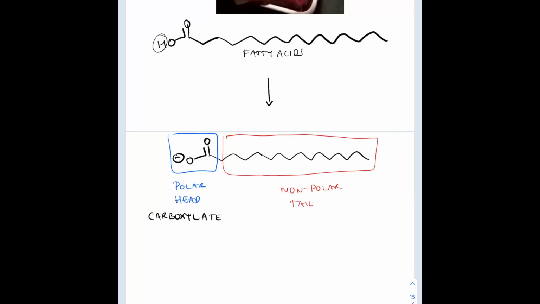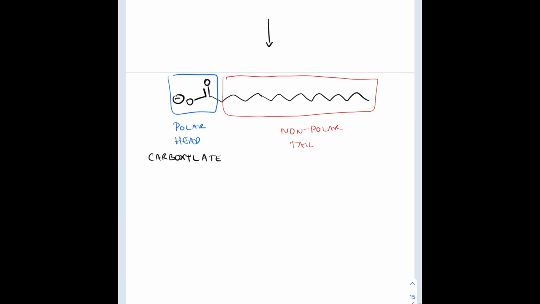We don't need to review that, but this is a carboxylate, and the way this works is, since we have that polar head and that non-polar tail, we can abbreviate it as pretty much this. Let's just say this is our polar head, and this is our non-polar tail.